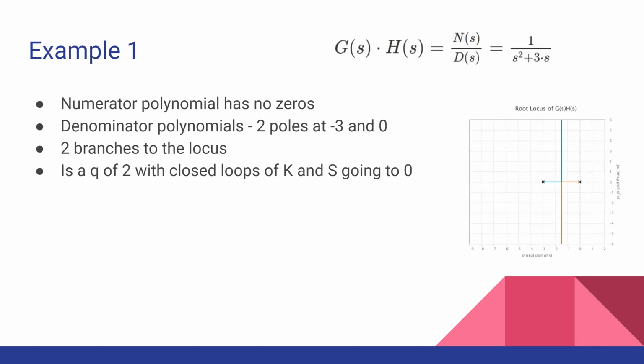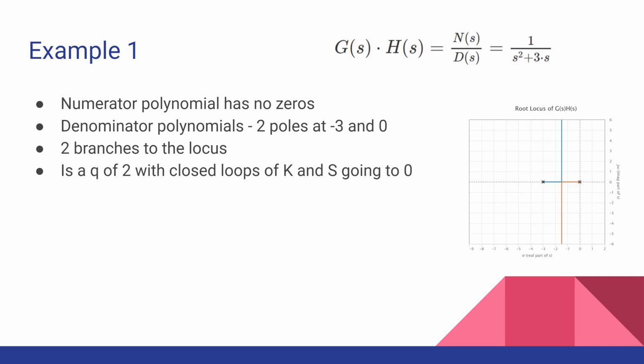Let's look at one example here of 1 over s squared plus 3s. This could also be seen as s times s plus 3 for that denominator. And when we look at that, based on the numerator, there's no polynomial, so it has no zeros. When we look at the denominator, we see that it does have 2 poles, one at -3 and one at 0.